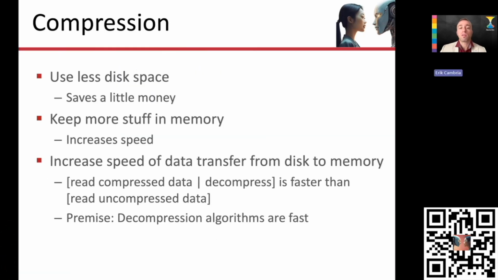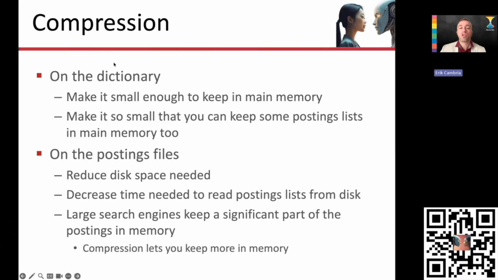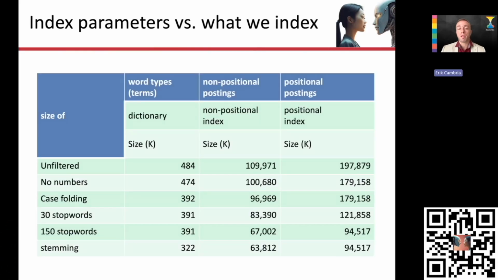To conclude, let's also look at some compression techniques. How can we compress our system, not just to save memory, but also to make it faster? So the two big questions are how to compress the dictionary, and finally, how to compress the postings. Compression is really important, not just for the size of your system, but also to make it faster.